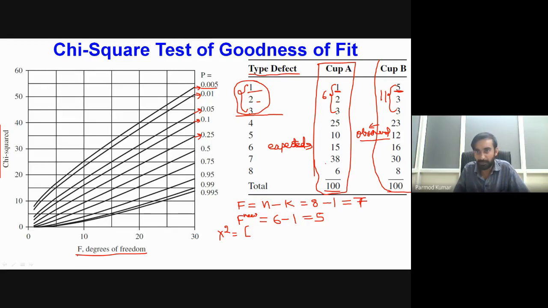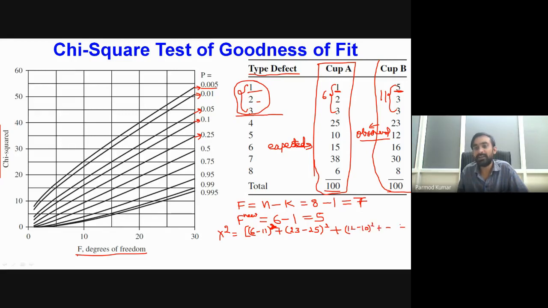So it will come as follows: first, the 3 we have combined, 6 minus 11, whole square, plus next, in the fourth we have 25 and 23, so I can write 23 minus 25 whole square, plus 12 minus 10 whole square.